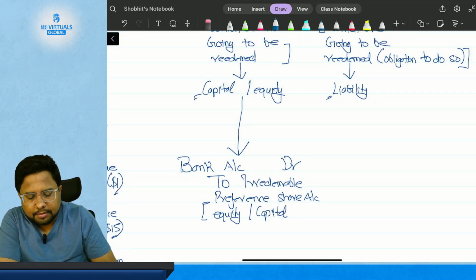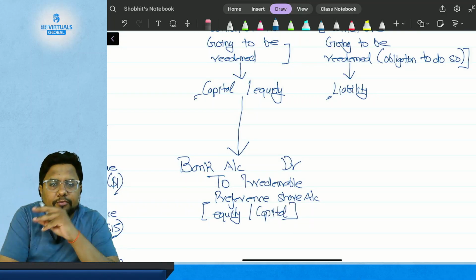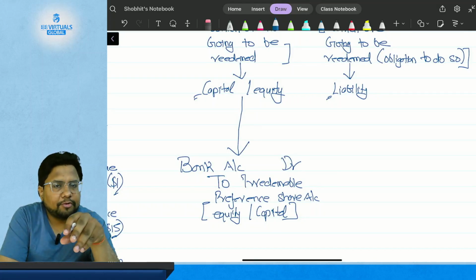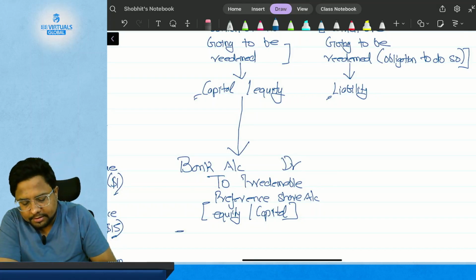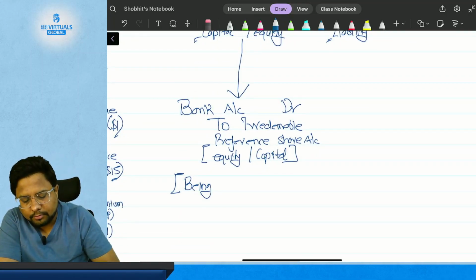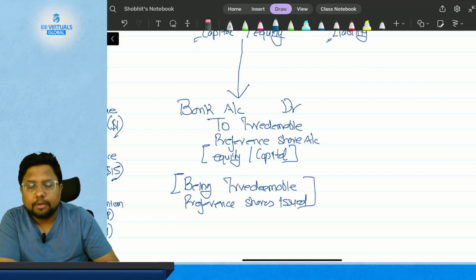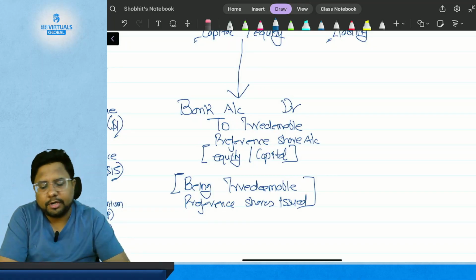So this is the journal entry for issue of irredeemable preference share: bank account debit to irredeemable preference share account. Hence the narration will be: being irredeemable preference shares issued. Okay, so this is going to be the journal entry.